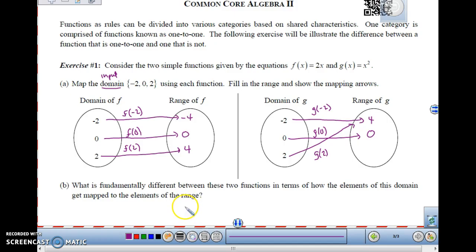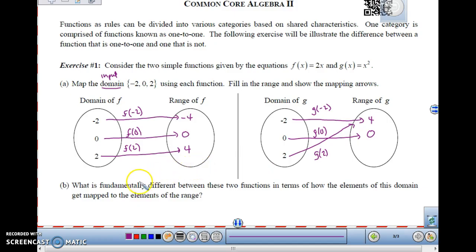In each domain, in this one, how many things does it map to? It's only mapped to one thing. For g, each element in the domain is not mapped to a single unique element. It repeats a range value, which is okay. It's a function, but is it one-to-one?